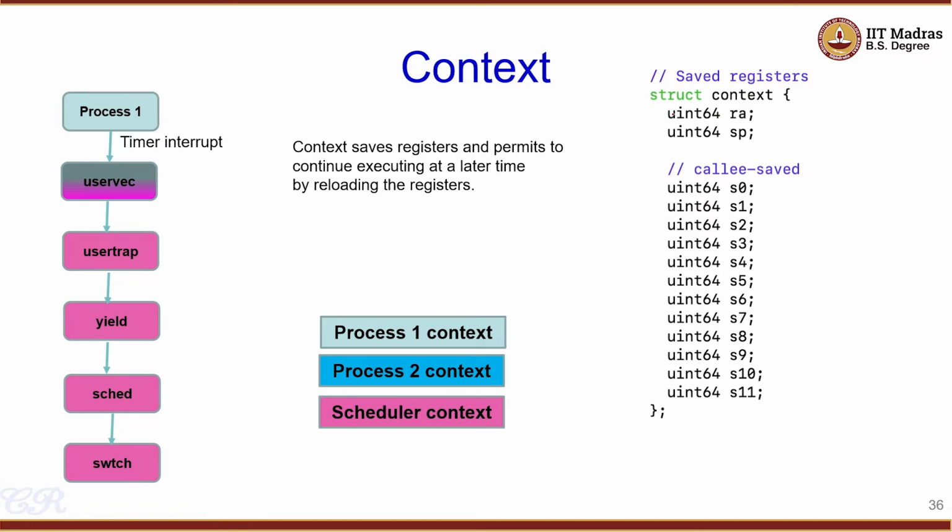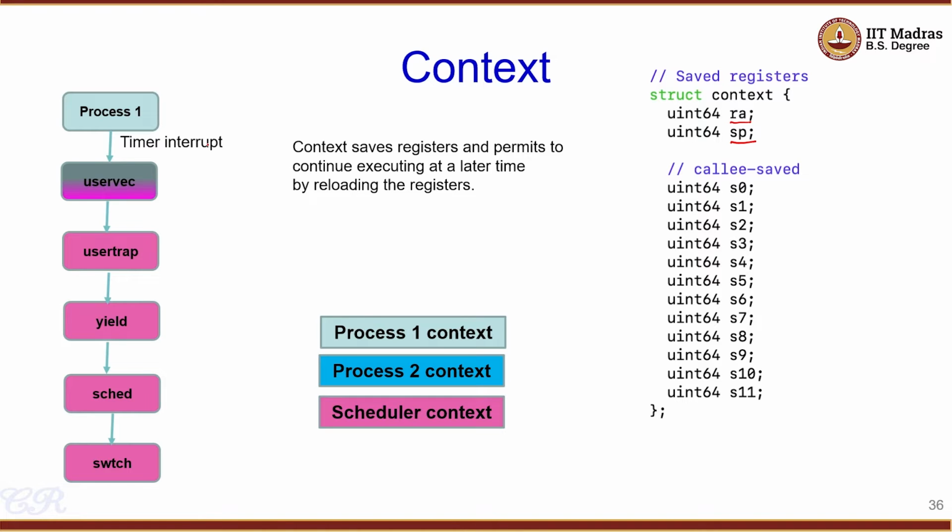So, this particular structure saves the return address, the stack pointer, and the 12 callee saved registers S0 to S11. Now, if we are able to save and restore this particular context, this essentially can be used to move from one context to another.